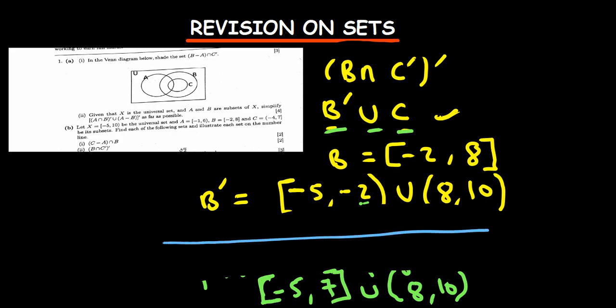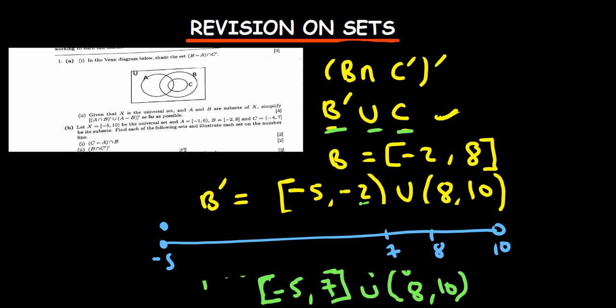So you have negative 5 here and 10 there. Negative 5 here to be closed. Let's say 7 is there and I have 8 there.